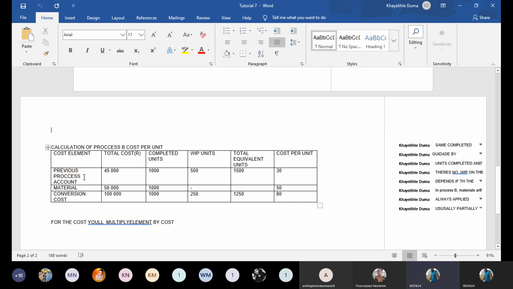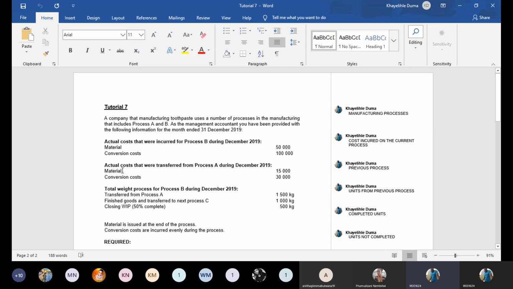If you check from process A on the table, the total cost of process A, we're just going to quote from the information there. From process A, how much was transferred? 15,000 materials and 30,000 conversion cost. You just quote as it is.